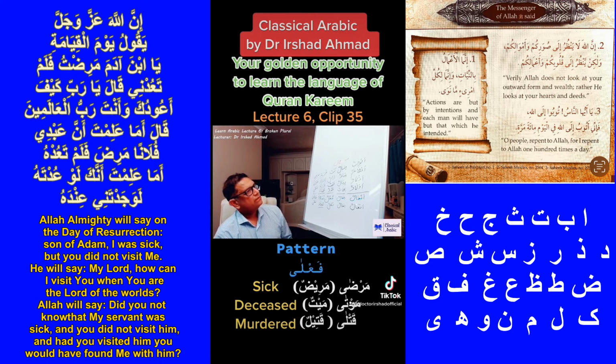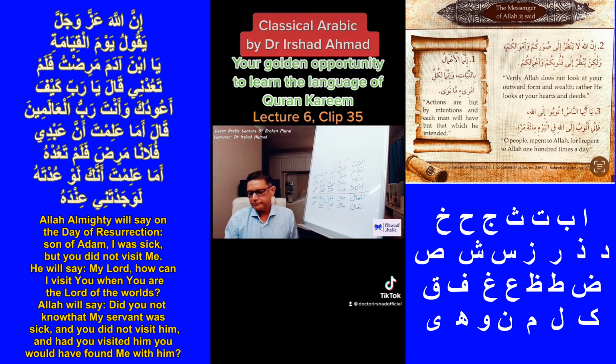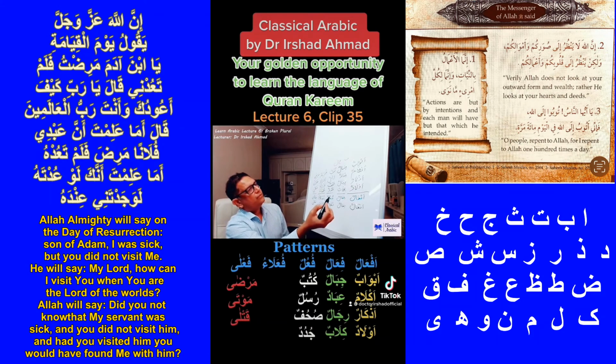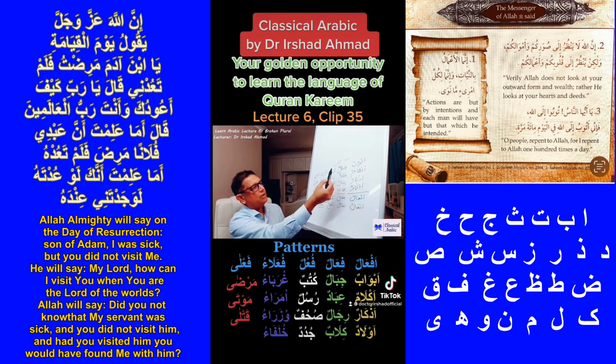So if we look at these patterns again, these three have got tanween at their end. These are all known. So when we have tanween at the end, we can have three Arabic states of all these: three states and three forms, three states two forms, and three states one form.